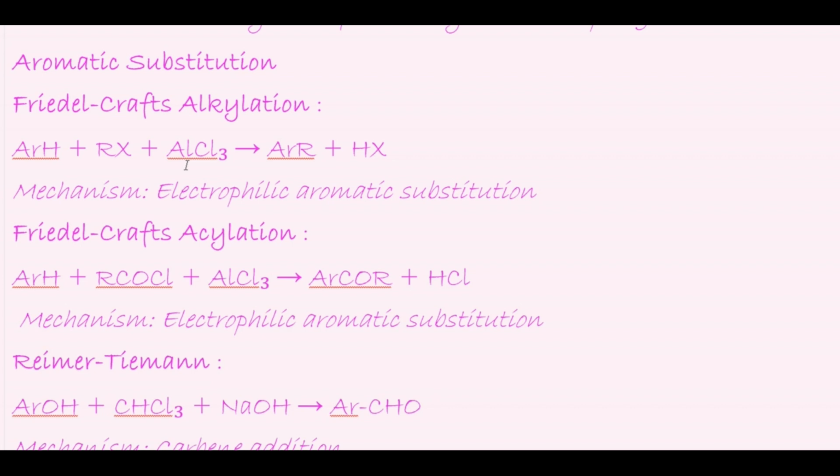If the substituent which is already there in the aromatic ring is an electron donating group, you have to go with ortho and para positions. If that is an electron withdrawing group like nitro, cyanide, like that, so you have to go with meta directing. Meta position, the substituent will come and attack. Okay.